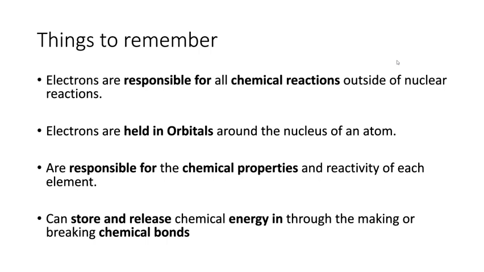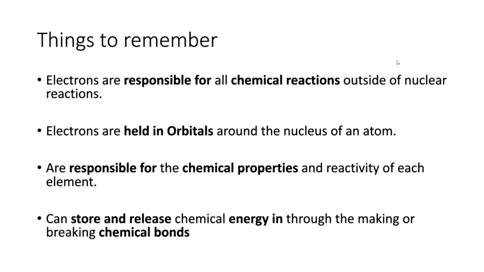So when we're talking about electrons, things to remember: electrons are responsible for all chemical reactions outside of nuclear reactions. Electrons are held in orbitals around the nucleus. They're responsible for the chemical properties and reactivity of each element. And this is the really big one: electrons are what is doing the chemistry when we talk about chemistry.